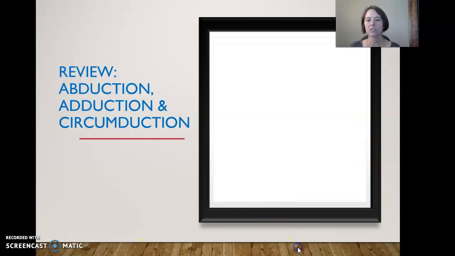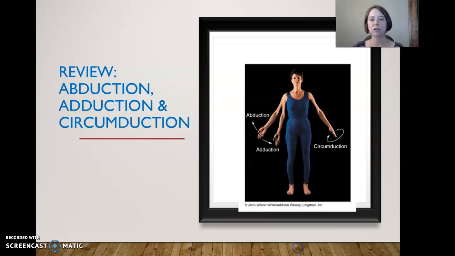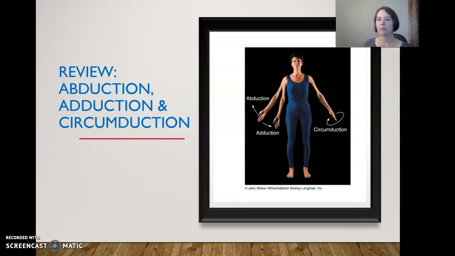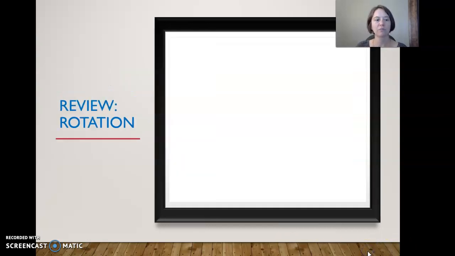And we went over those in the skeletal system. We also did abduction, adduction, and circumduction. Abduction is away, adduction is towards the middle, and circumduction is where you're combining several movements and going in a circle in that joint. So really only the hips and shoulder, and then that thumb joint, can do circumduction that I know of.